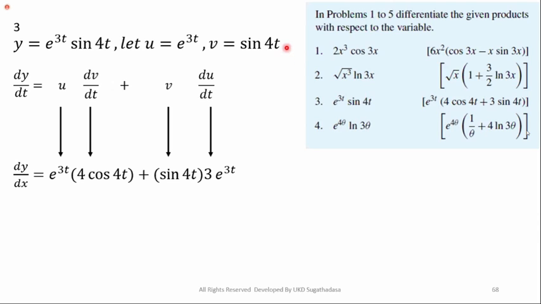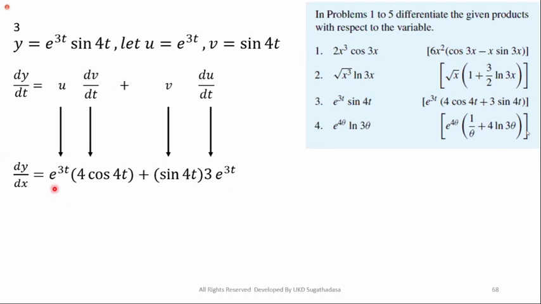We have to multiply by that number. If it's sin 5t, you get another 5 here. Then v is sin 4t, and the differentiation of the exponential e^(3t) is 3e^(3t). You should get the additional 3 also.